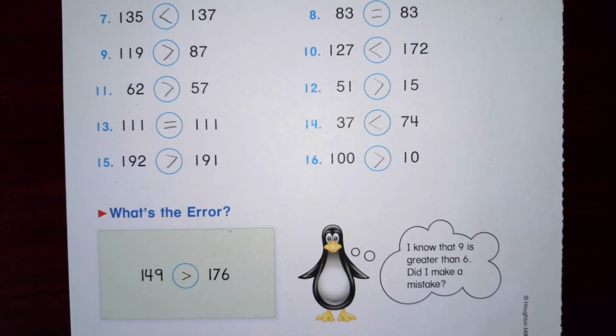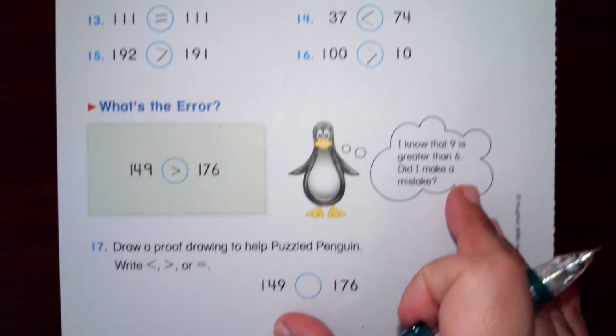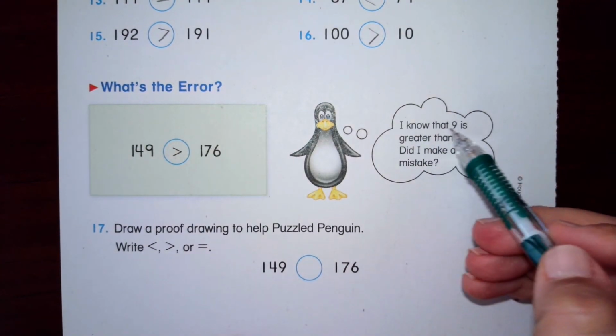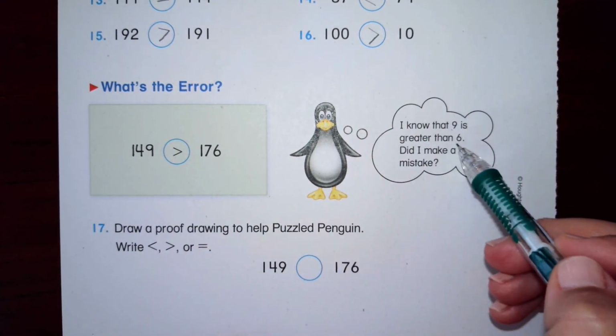All right. If you got some of those wrong, make sure you get them fixed. We will play around more with the greater than, less than, equal to in small groups. We have one more thing to do. Poor puzzled penguin. Puzzled Penguin says, I know that 9 is greater than 6.